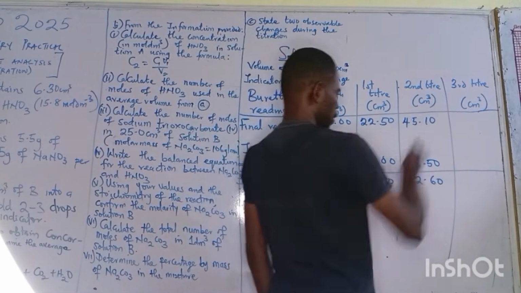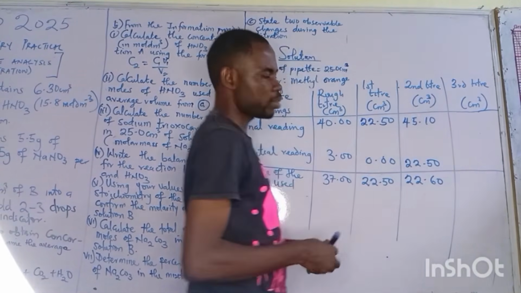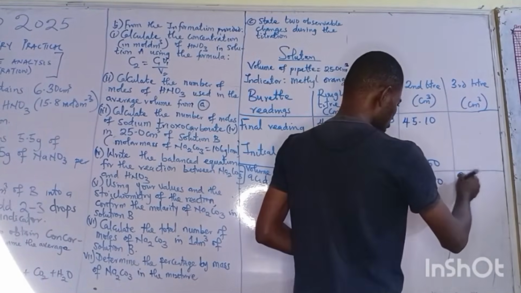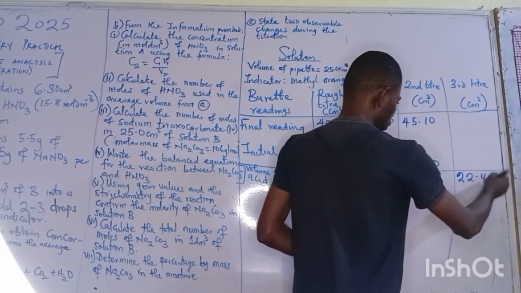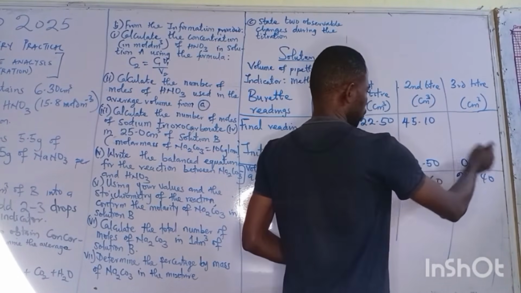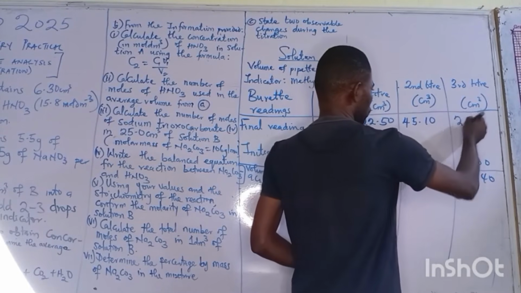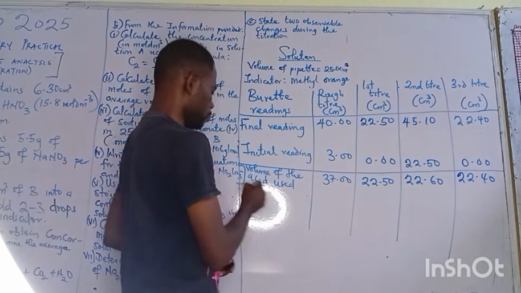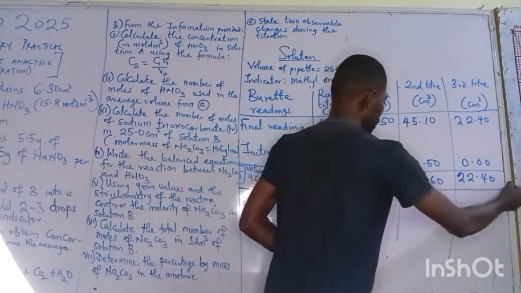Now lastly, if you check, the burette is 50 centimeter cube, there can't be any initial. Then we start again with another initial. I want to pick 22.40. I still make my initial 0.0, and I still have 22.40. With this now, I have achieved my volume of acid.